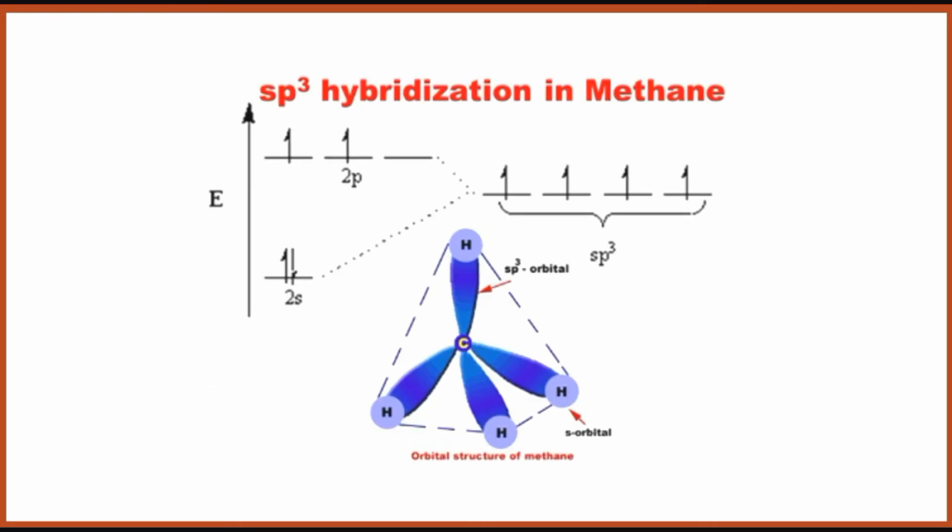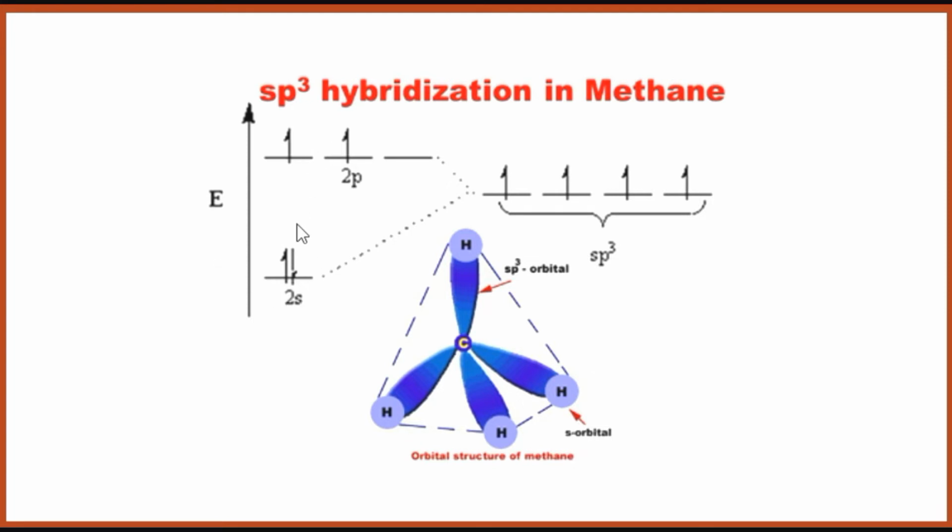So here the atomic orbitals have been drawn with respect to their energy levels. The 2s orbital having an electron pair would reside at the lower energy state as compared to the 2p orbitals.